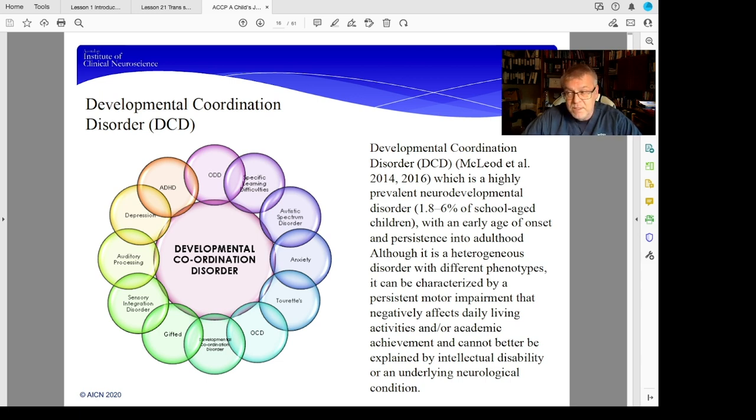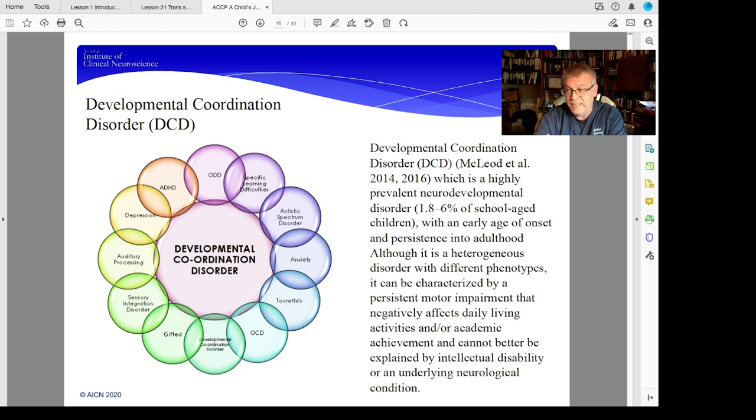Basically, it is a prevalent neurodevelopmental delay in school-age children. Usually there's an early onset, and it persists into adulthood if not treated. Although it is a heterogeneous disorder, so there are different phenotypes that can happen, it is characterized by a persistent motor impairment that negatively affects daily living activities or academic achievement.